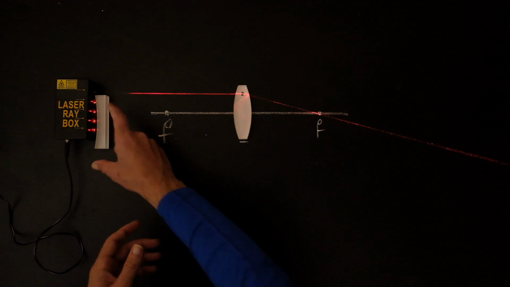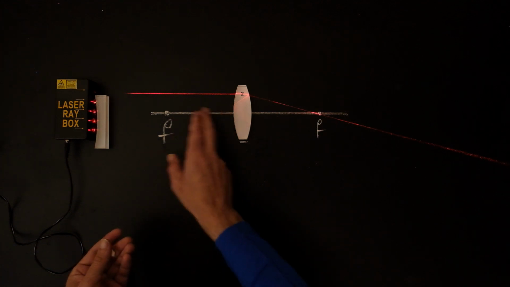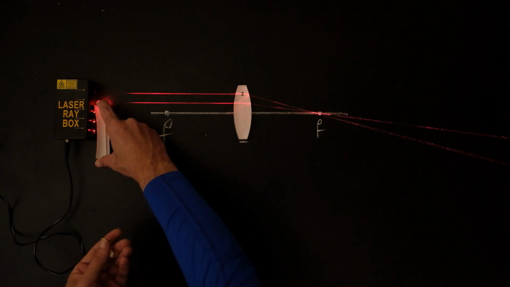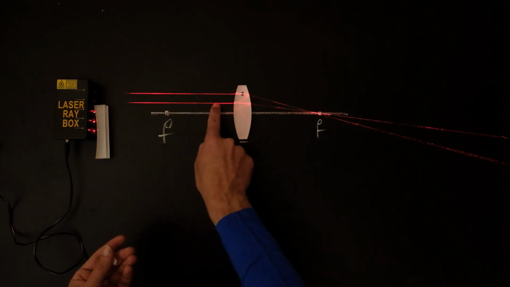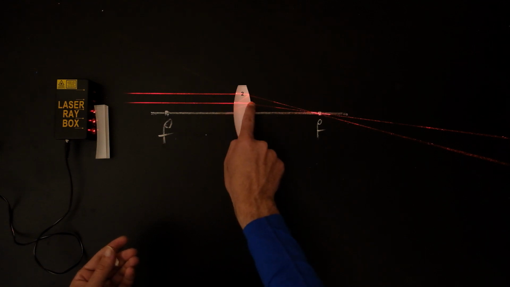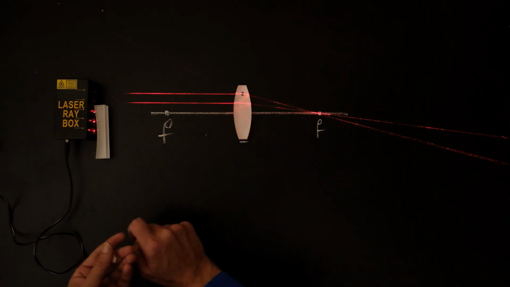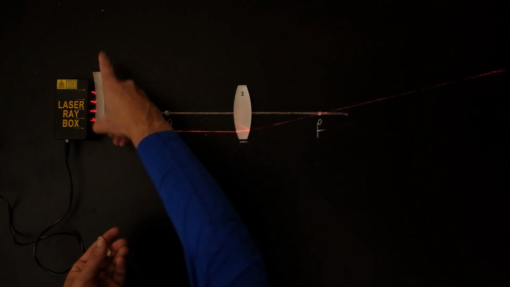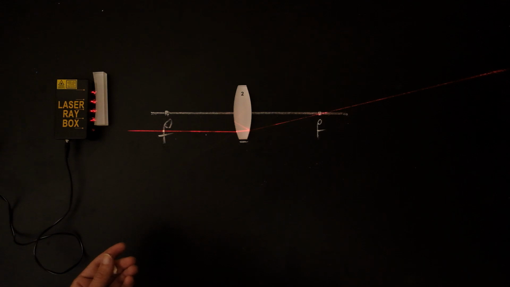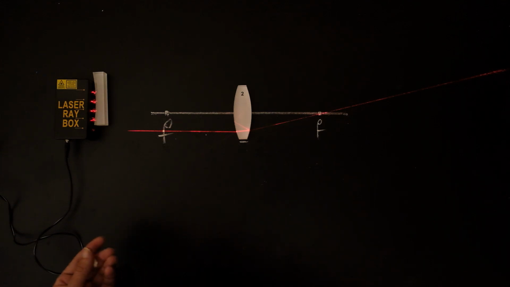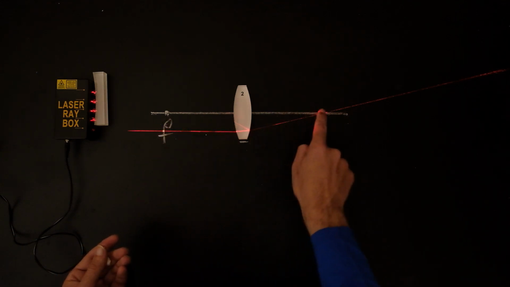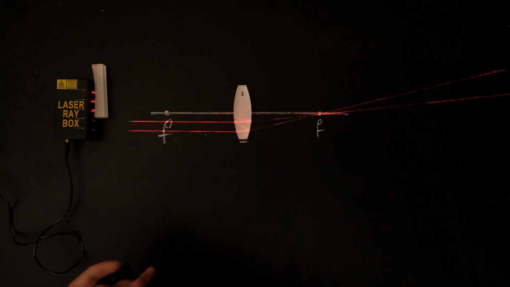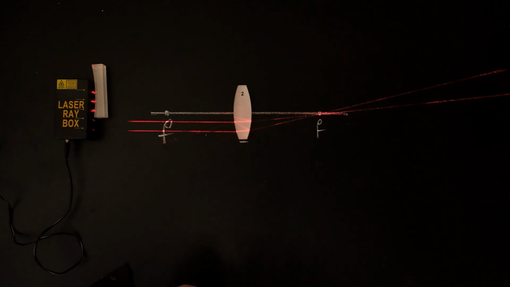Okay? And it doesn't matter where this parallel ray is. So this one is hitting here. If I have another one, this one is parallel, hits the lens, then we'll go through F. Another one down here. Again, if it's parallel to the main axis, we'll go through F. Okay, so it doesn't matter where they hit.